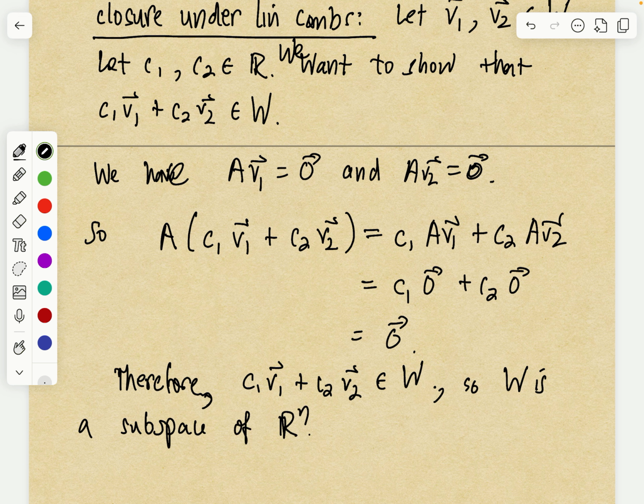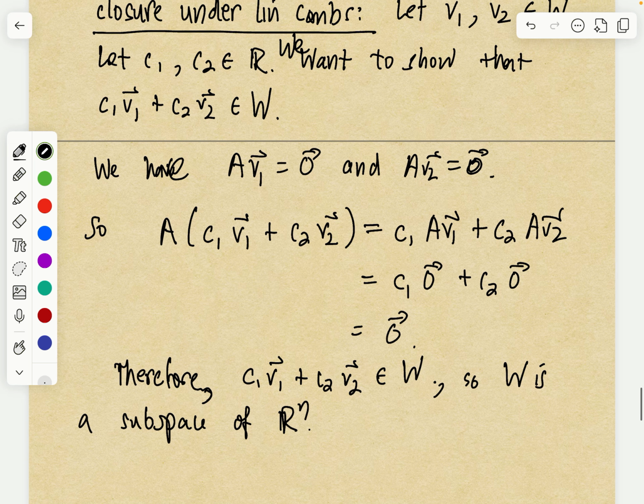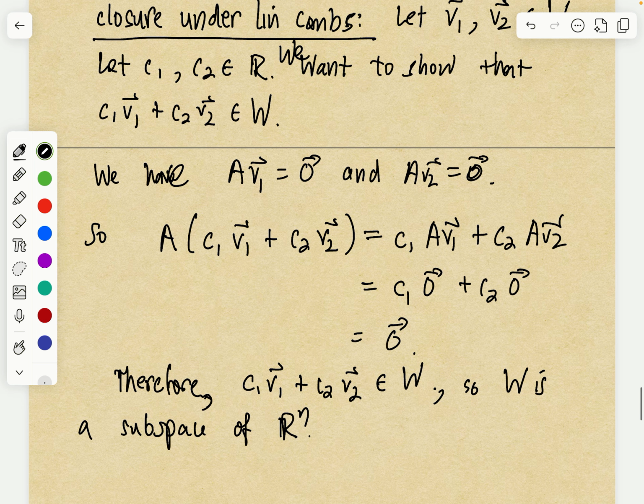It is a subset of Rn, and we showed that it's a subspace. So notice how much easier that is. You take closure under scalar multiplication and closure under addition and combine it into one criterion.